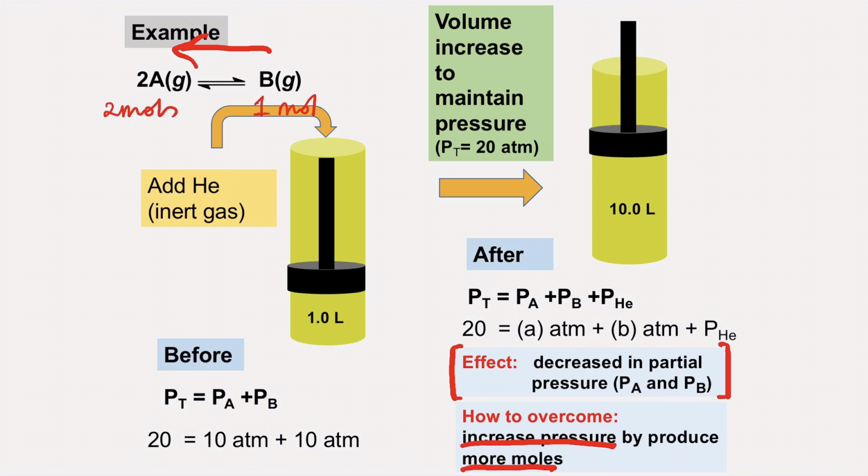Alright? To re-establish equilibrium. Therefore, what happens to the concentration of A? Concentration of A will increase lah kan? Because you are going to form more A's. And concentration of B, what will happen? Decrease lah kan? Because you are consuming it. Okay, when you shift to the left.